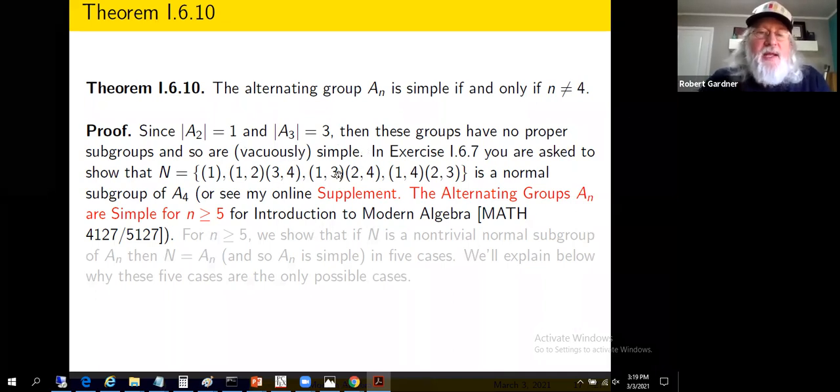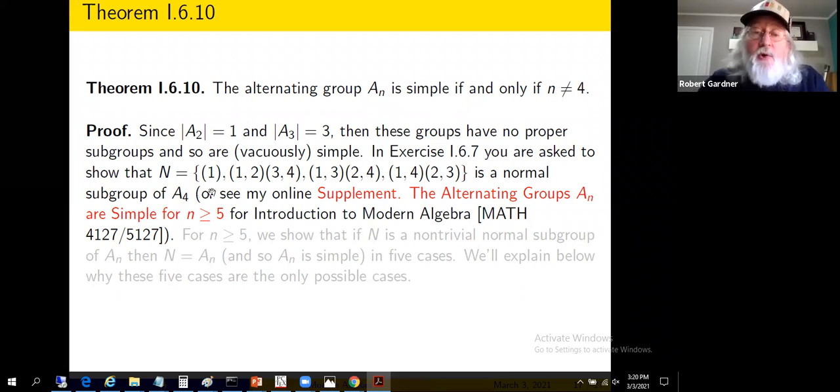When we look at n equals 4, A sub 4, it's to be shown in one of the exercises, 1.6.7, that if you take the identity along with this product of 2 transpositions, and this product of 2 transpositions, and this product of 2 transpositions, each is even, so it's something in A sub n, this actually is a normal subgroup of A sub 4.